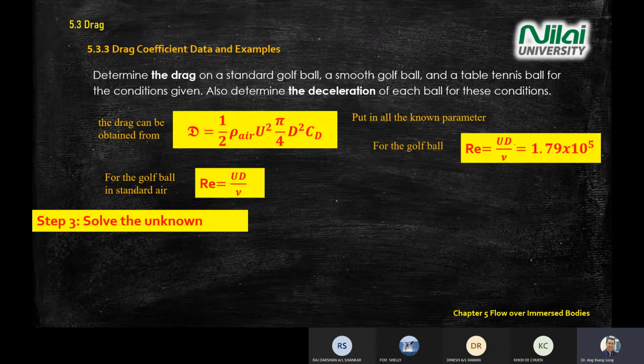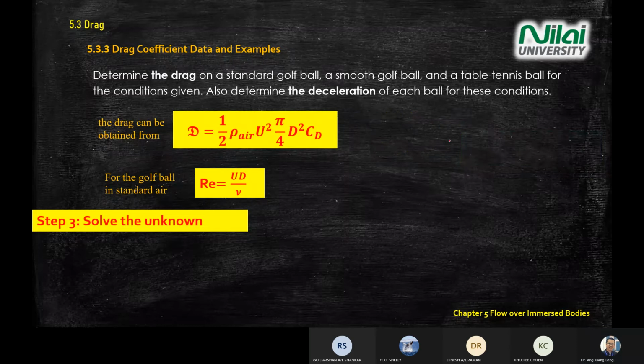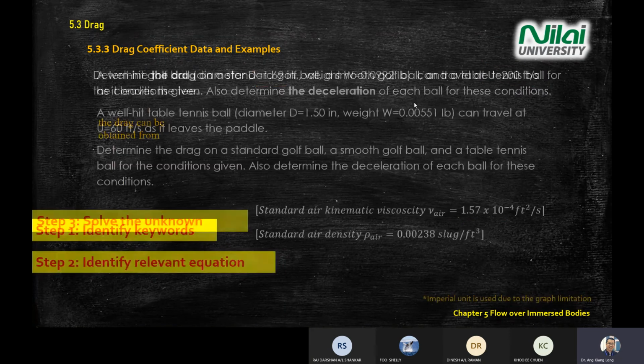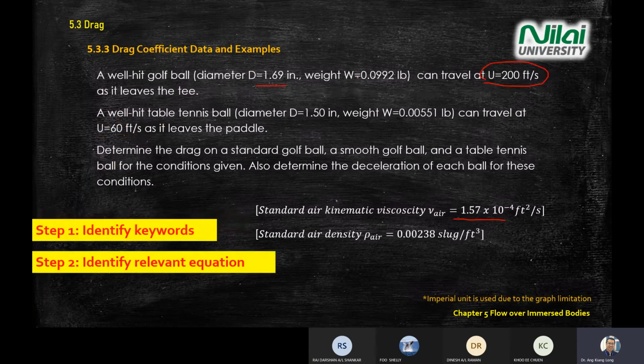For the golf ball, you calculate with the velocity, the diameter, and the kinematic viscosity that is given. If you look back at the question, it travels at this speed, and you have the diameter, so you can calculate. Kinematic viscosity is given.